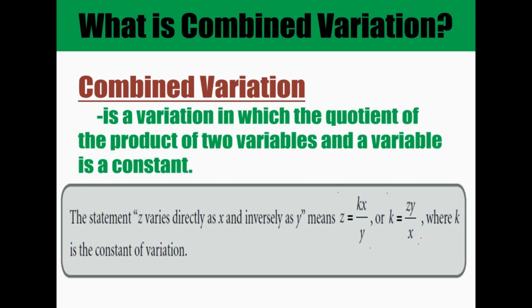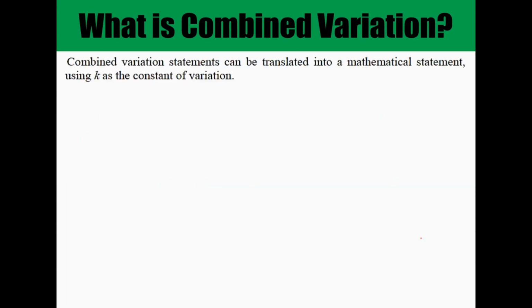So in other words, combined variation is the combination of direct and inverse. And also, there are more than two variables used in this kind of variation. Okay, so let's translate into mathematical statement using k as the constant of variation.